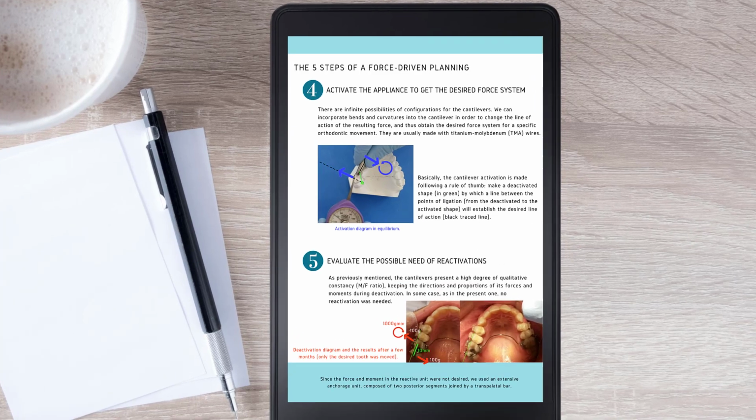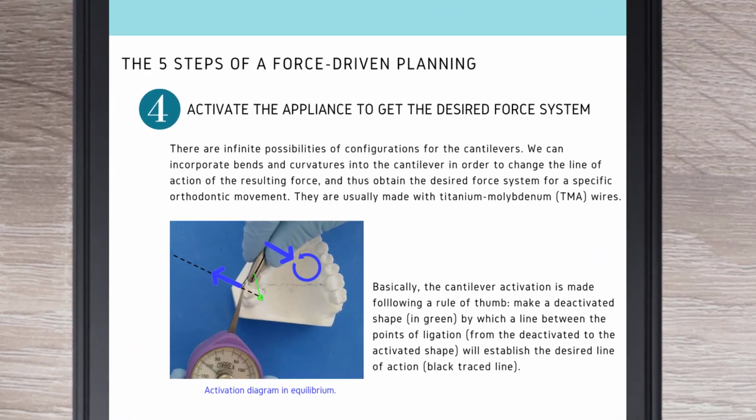In step number 4, we need to activate the appliance to get the desired force system. There are infinite possibilities of configurations for the cantilevers. We can incorporate bends and curvatures into the cantilever in order to change the line of action of the resulting force, and thus obtain the desired force system for a specific orthodontic movement. They are usually made with titanium molybdenum wires.